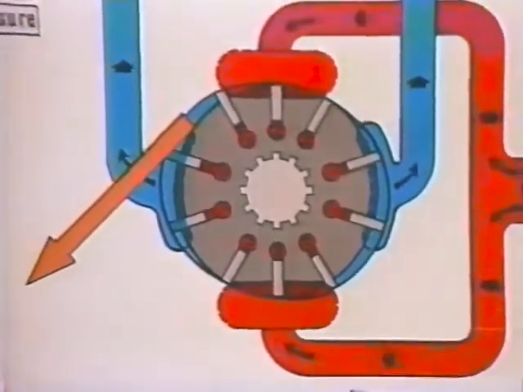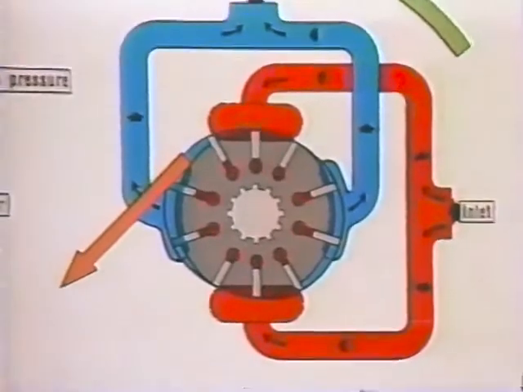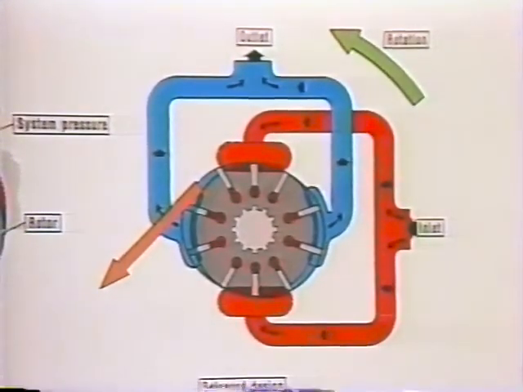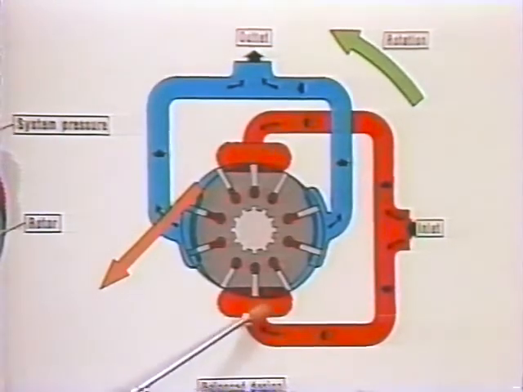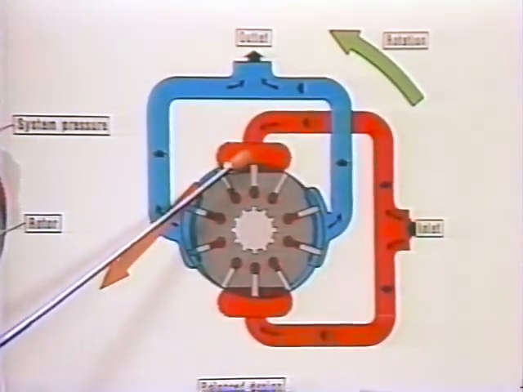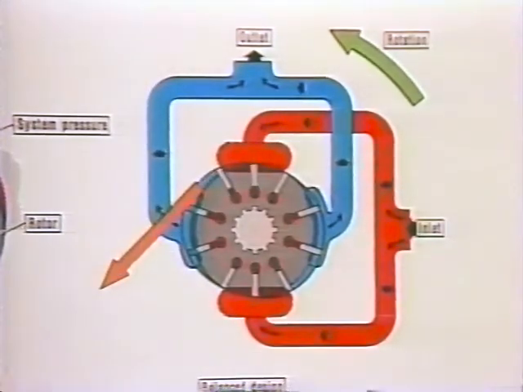Here we have a balanced vane motor, very similar in construction to a balanced vane pump. Hydraulic loads developed on this side are canceled out by hydraulic loads developed on this side. Again, the big exception between the construction of a vane motor and a vane pump is the fact that the motor has to have some means, springs, oil under pressure, or both, to hold this vane out against the cam ring.